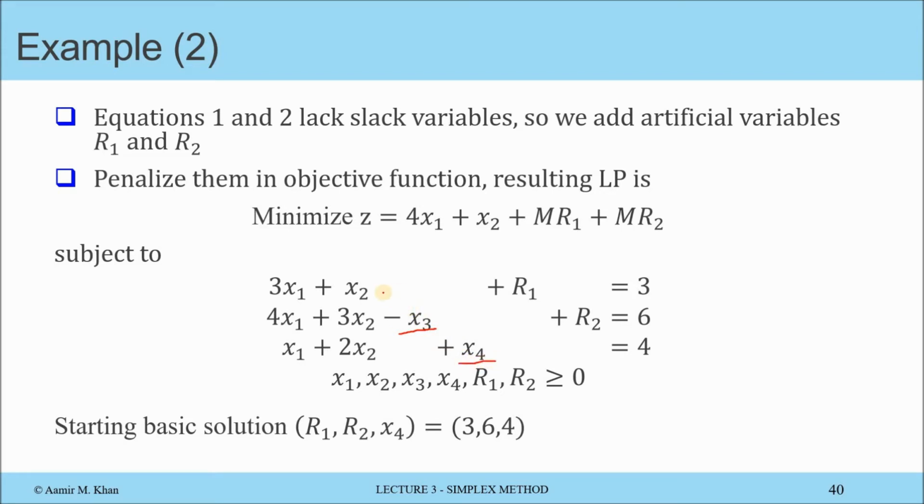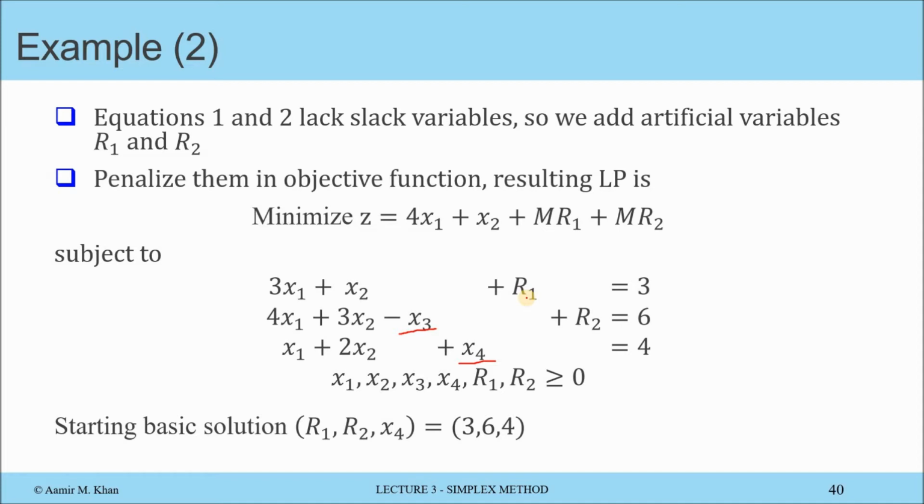Here we don't have any variable, and we add two more variables, R1 and R2. These are called our artificial variables. That's why I told you earlier that we will give them a separate representation: they are given the capital R series.